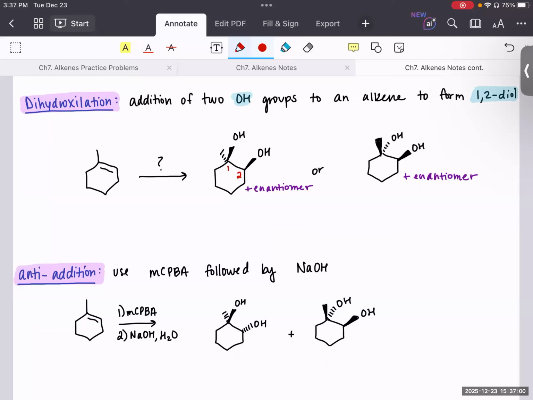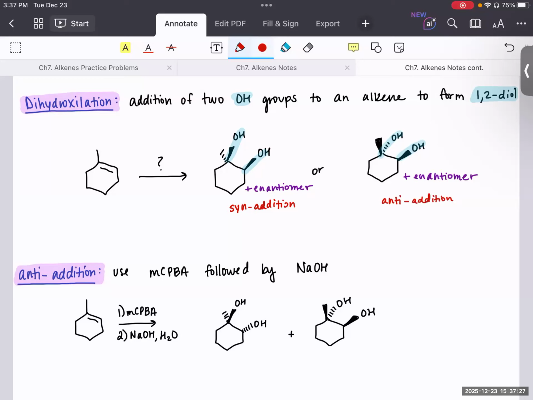In this reaction, we have two potential products that we could form. We could have where the OHs are on the same side, so this would be a syn addition, where those OHs are both wedged or both dashed. Or we could have where one is dashed and the other one is wedged, as in the case of this other one.